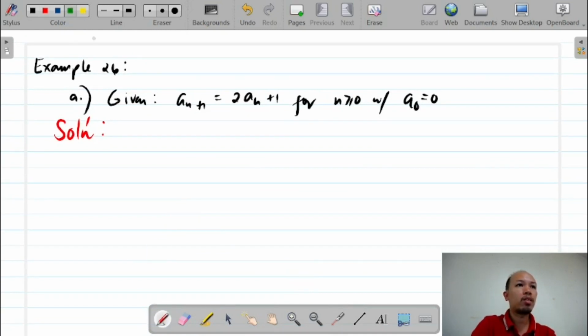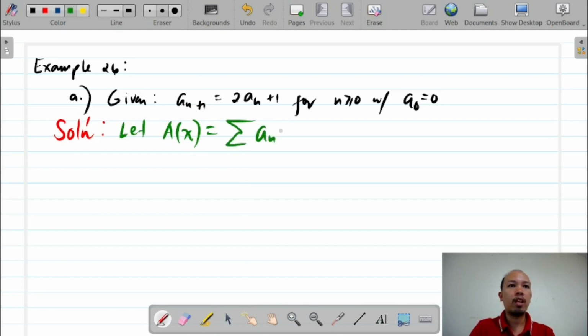So let's try this color, green. First, since we are using the method of generating function, let a of x, this is the ordinary generating function, be the summation of a sub n x to the n, starting from 0 to infinity, or you can use the other notation, 0 to positive infinity, it's just the same.